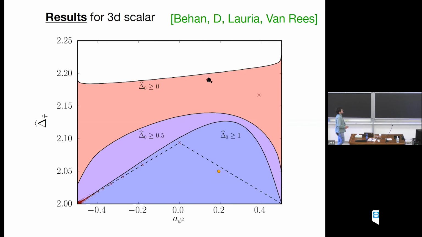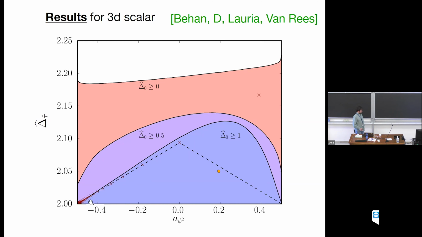What I'm showing here is what happens as we increase this gap for the scalar operator above the identity. And you see here that I depicted all these points that correspond to the minimal models coupled to Dirichlet.